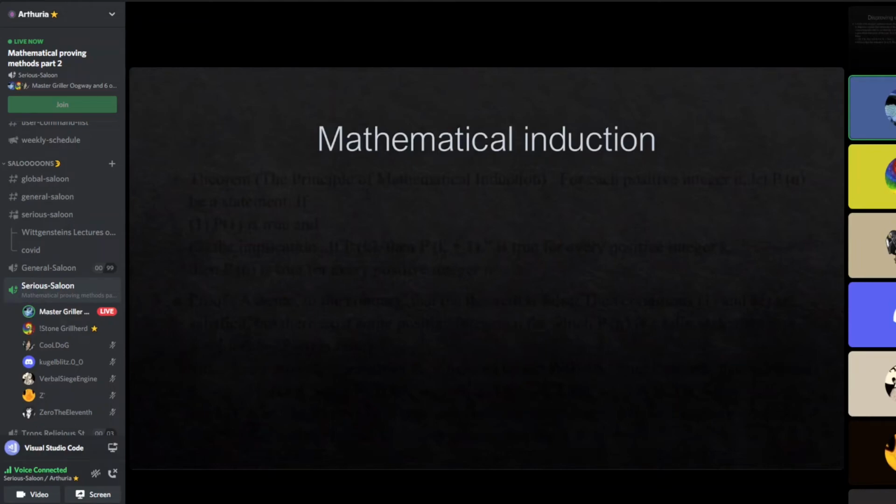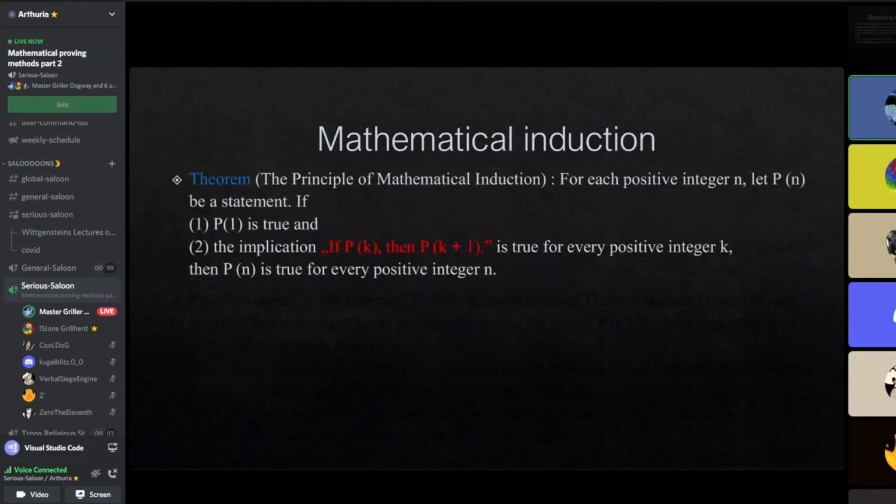Now to get to what it means. The principle of mathematical induction is a theorem. It states that for every positive integer n. Now, there is a small word play here, which might confuse some people, because depending on your area, in some fields of mathematics, 0 is considered to be a natural number.